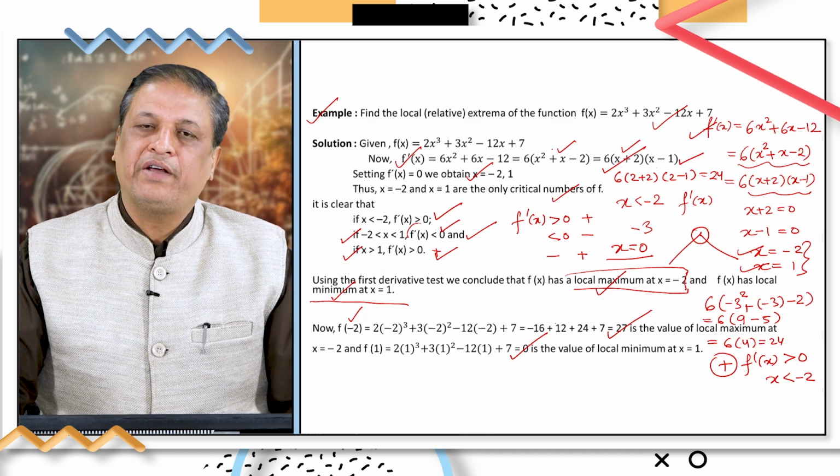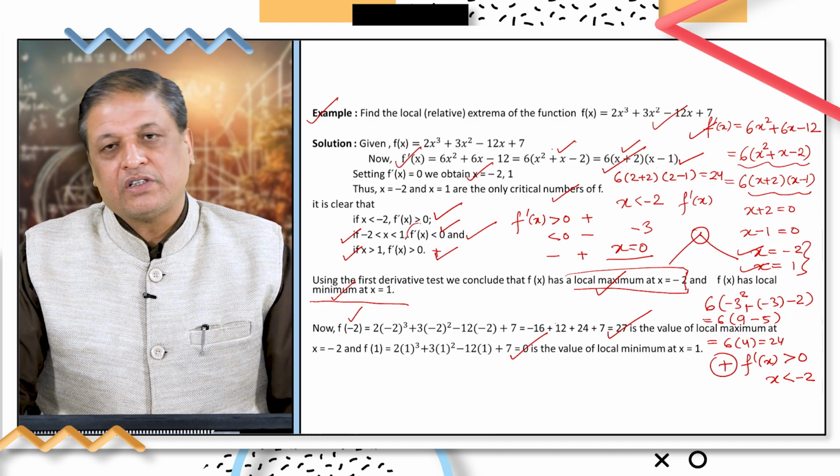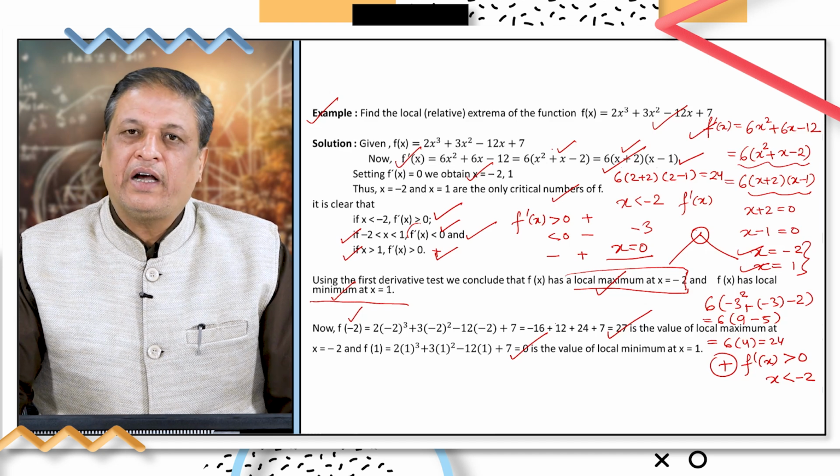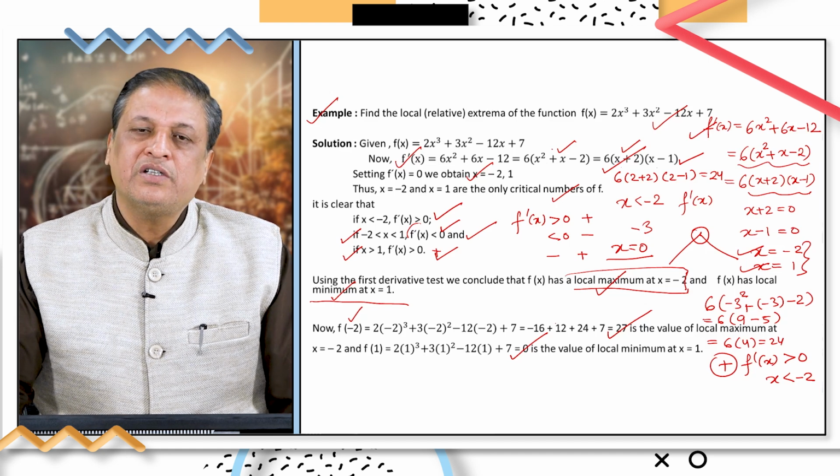If the sign changes from positive to negative, it is a local maxima, and if it is from negative to positive, it is a minima. So by solving this numerical, we learned how to apply the first derivative test.